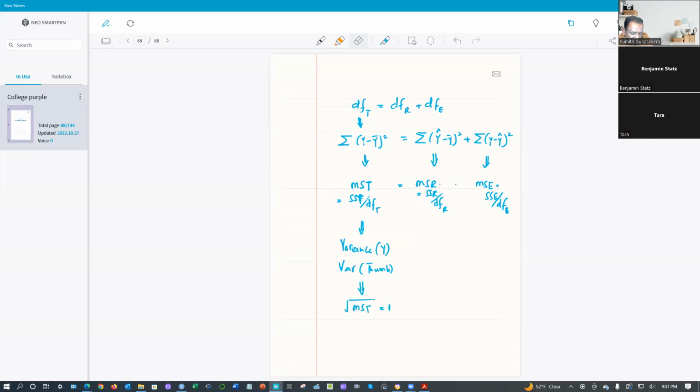That one I can call root mean square total. That's nothing but the standard deviation of y. Standard deviation of thumb length. See? It's the same.